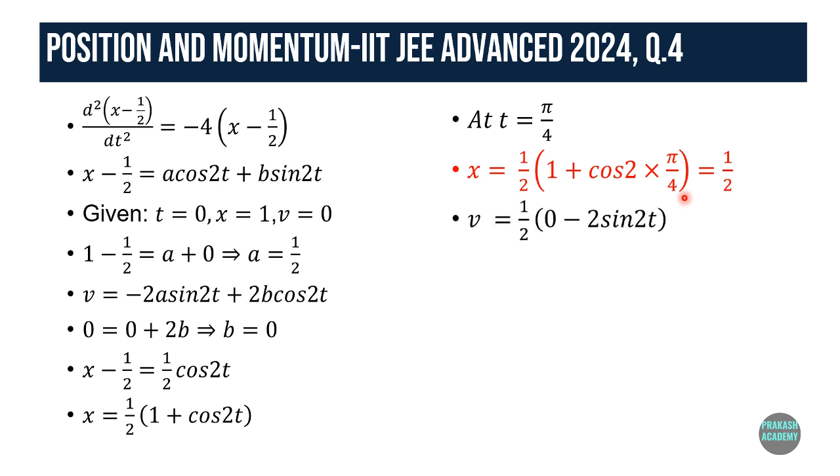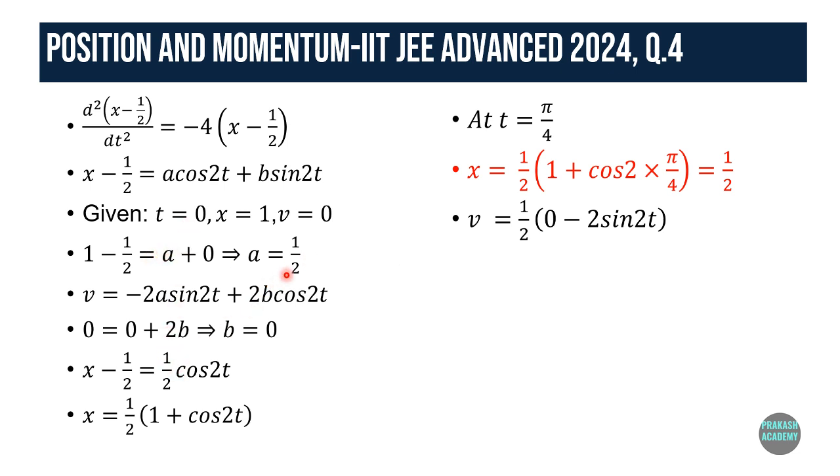We can also find velocity at pi by 4. Velocity is given by this formula, and if you put t equals pi by 4 and b equals 0, this term is already 0. So I will only have minus 2a sin 2t, and a is 1 by 2.